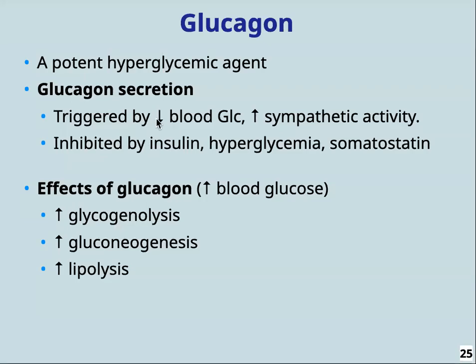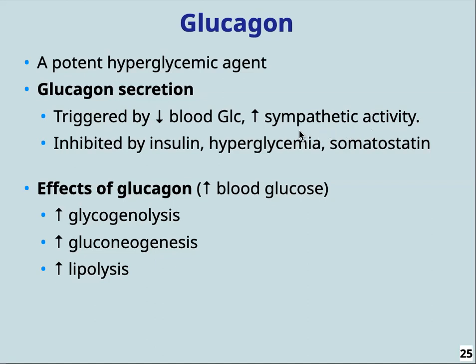Glucagon, as we mentioned, is a potent hyperglycemic agent, meaning it works to raise your glucose level in your blood. Its secretion is triggered by a drop in your blood glucose and an increase in sympathetic activity. This should make sense because when you're in a fight or flight situation, your body is going to work to mobilize energy.